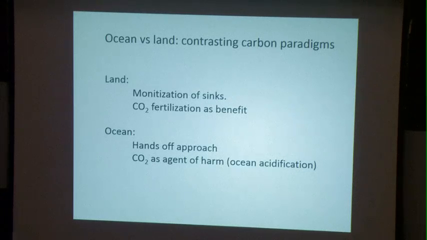On the land, a lot of research is going on because of the notion of the monetization of sinks. These sinks may have commercial value and processes that are not understood. The interesting thing is the community looks at CO2 fertilization as a benefit. Never mind the fact that if an ecosystem is taking up carbon, it's changing. It's being impacted.